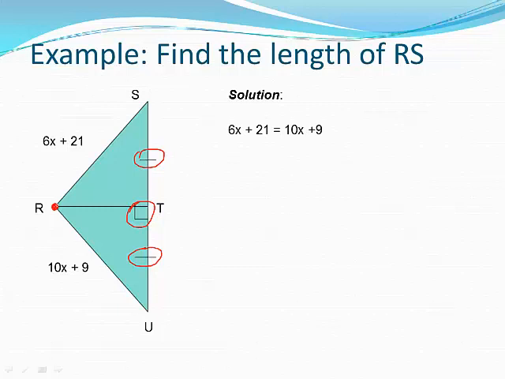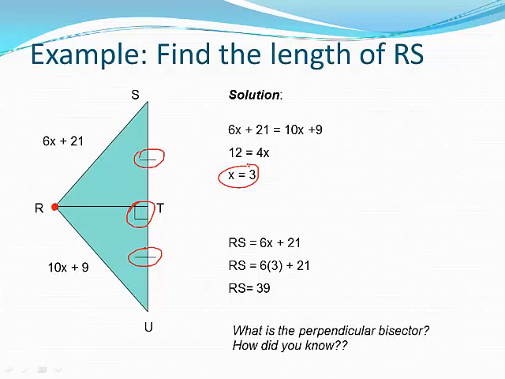Well, that SR and RU are going to be equal, so I set them equal to each other and solve for x. Once I solve for x, I can plug it back in to find the length of RS. I substitute, and I get a length of 39 units. So that's using the perpendicular bisector theorem.